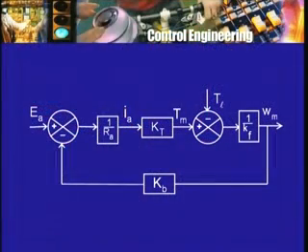We start with armature voltage. So here is armature voltage. Then from that I am going to subtract the back EMF to produce a voltage which divided by Ra gives me the armature current, that multiplied by Kt gives me the motor torque.